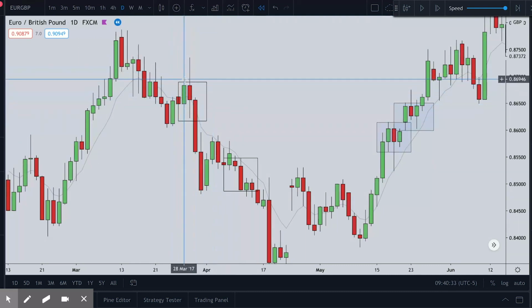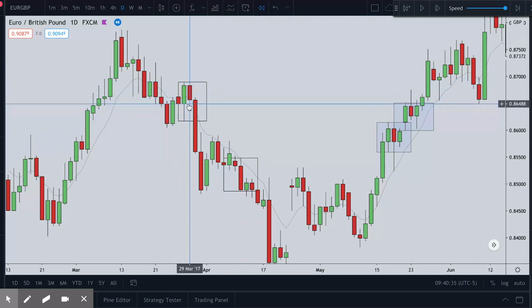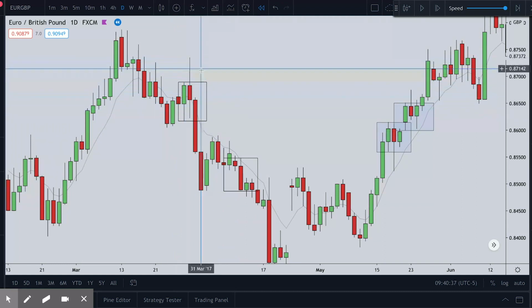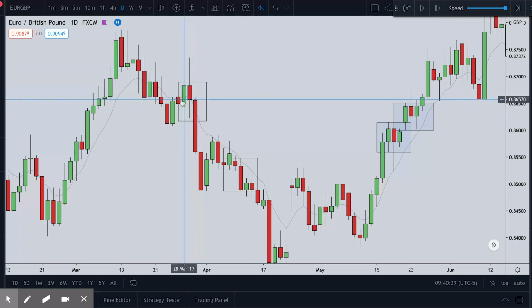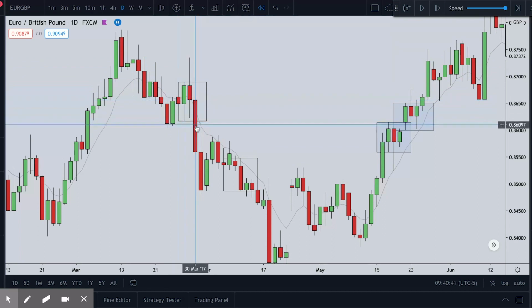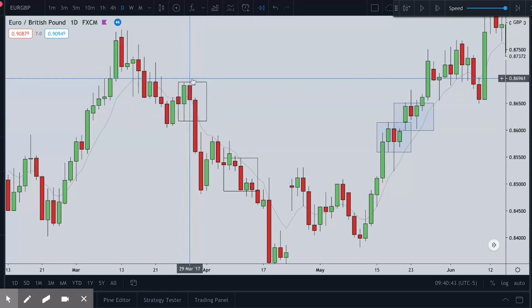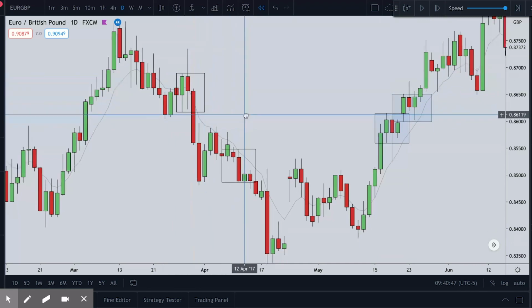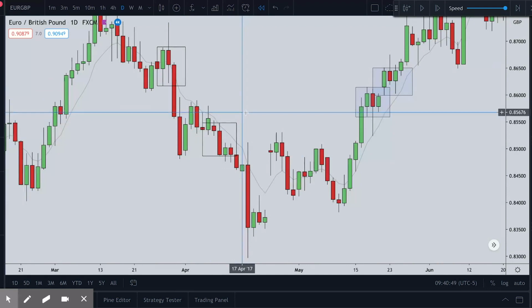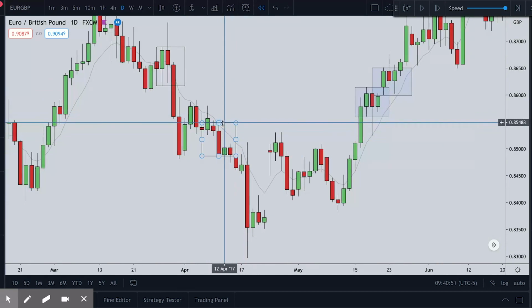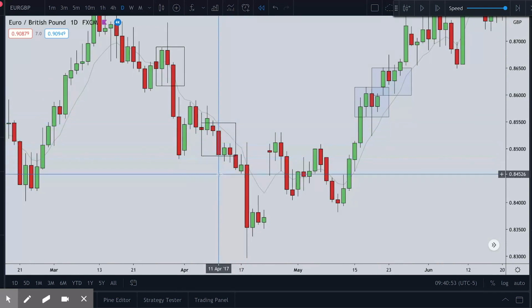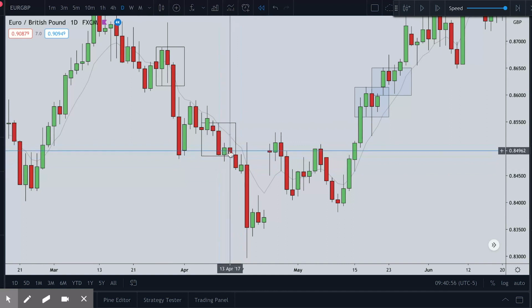So even though here we are connecting wick to wick, we do not need to worry about the wicks on the next inside bars. We only need to worry about the candle body. Now, when we then see a candle body closure beneath the high, beneath the low or above the high of the previous day, that is our trigger for our trade, okay? Does that make sense? So for example, here we have the high of this day and the low of this day connected. We have 2 candle bodies trading within it.